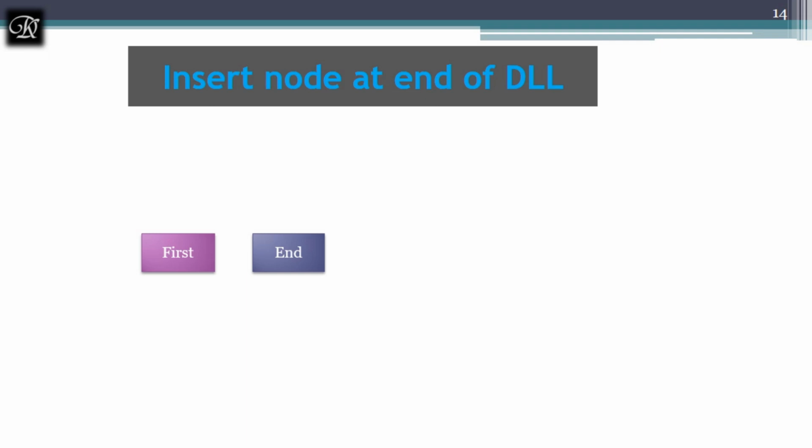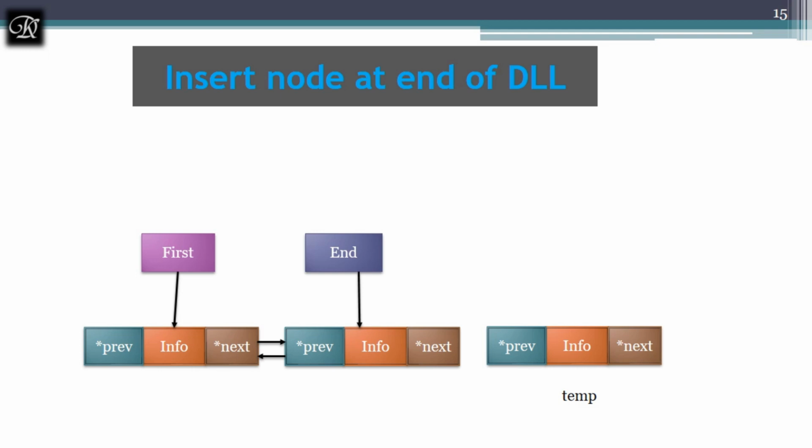Next, how to perform insert at the end of the doubly linked list. Again, here also we are having two cases. The first case is where the list is empty. When the list is empty, whatever brand new node we have created, that itself is called the first and end of the doubly linked list. The second case is where we are having more than one node in the doubly linked list, where we want to insert the brand new node temp at the end.